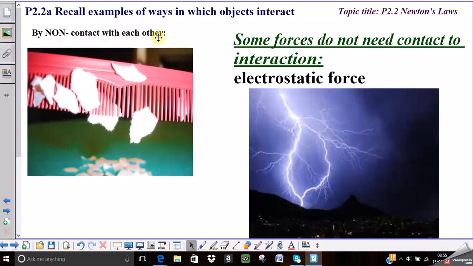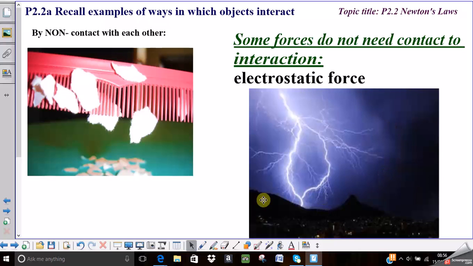And another non-contact force is the electrostatic force, the one that comes from electric charges. For example, you rub a comb on your hair or on your clothes, and then this comb will attract pieces of paper, even if the comb is not in direct contact with them. They are attracted because around the comb there is an electrostatic field of force.